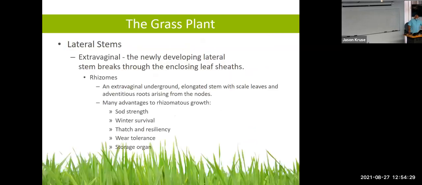So we go back, we're talking about lateral growth and above ground stems that handle lateral growth. What are the two ways that turfgrass plants can spread?